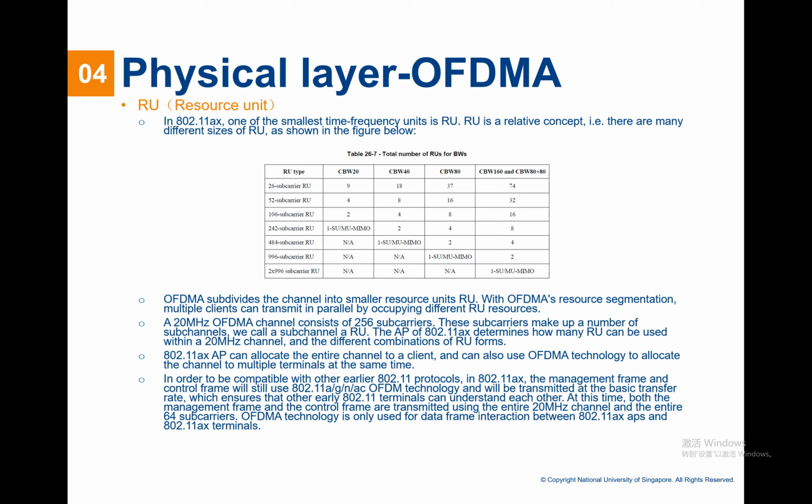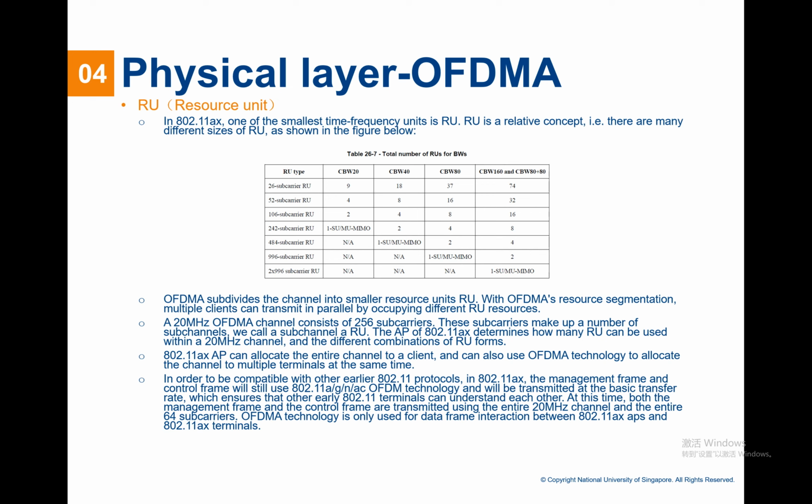A 20 MHz OFDMA channel consists of 256 subcarriers. These subcarriers make up a number of subchannels, which we call RU. The AP of 802.11ax determines how many RU can be used within a 20 MHz channel and the different combinations of RU.